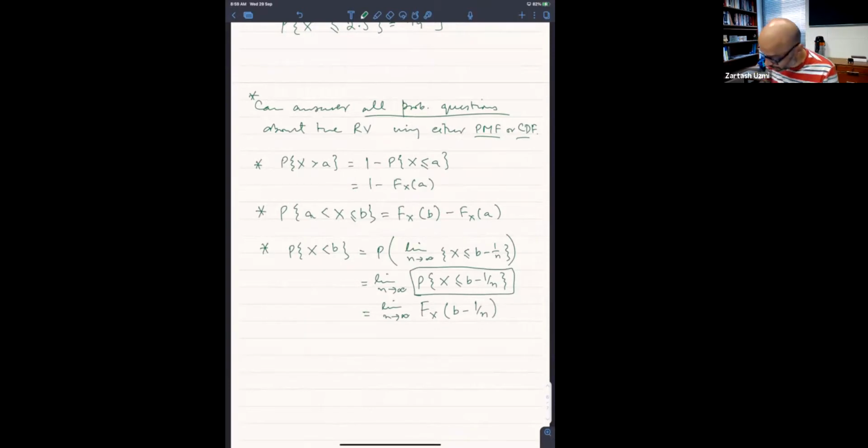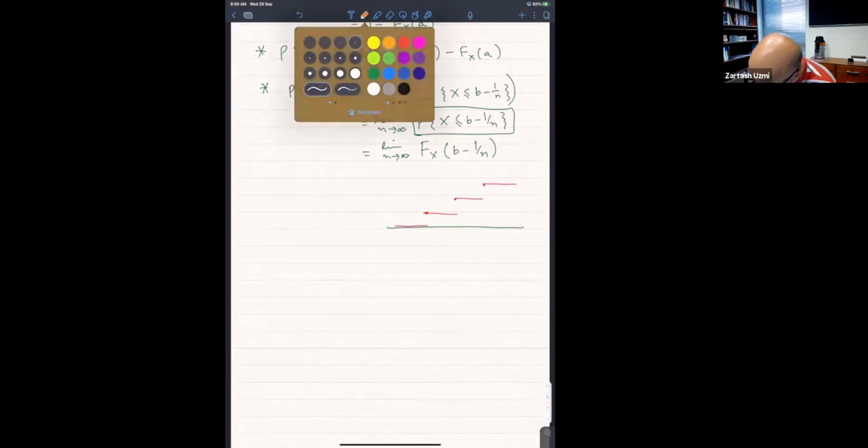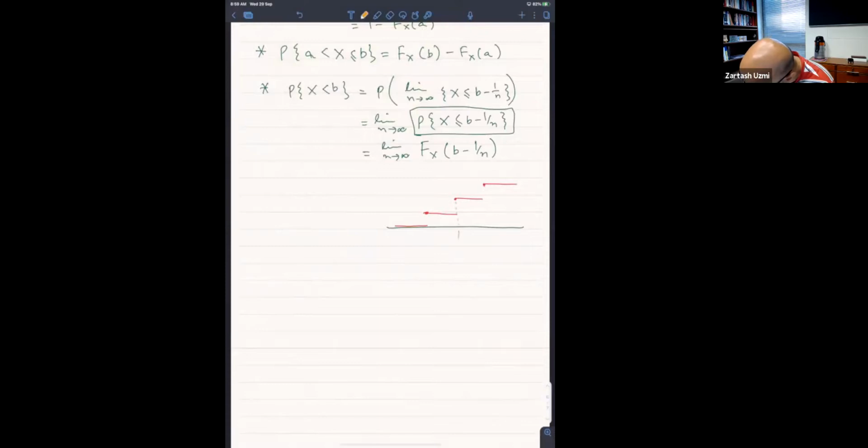So now if you notice कि ये अगर आपका CDF चल रहा है, so ये CDF है, इस तरह का CDF अगर आपका चल रहा है. So let's say you have this point B here. यहाँ आपके पास B है, ठीक है.